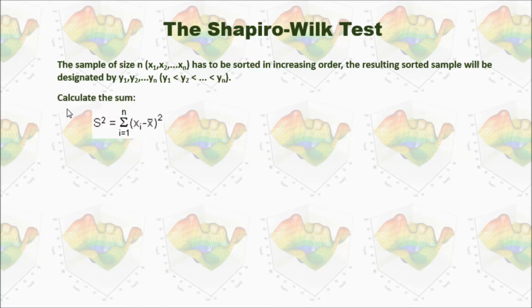And then we will calculate the sum. If we divide this by n-1, that will be the variance of the sample. So this sum describes the variation of this sample data.